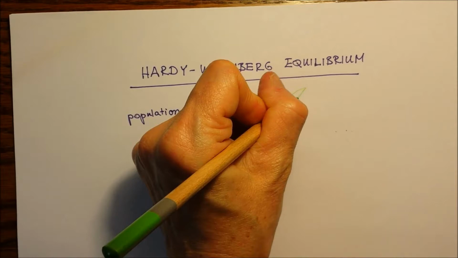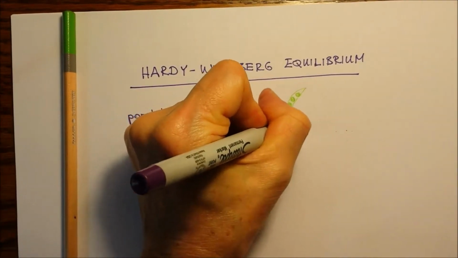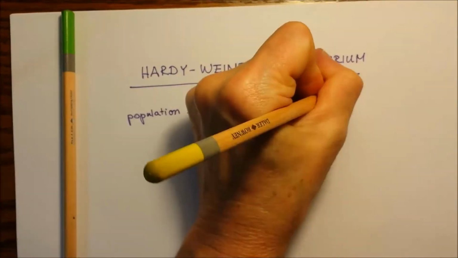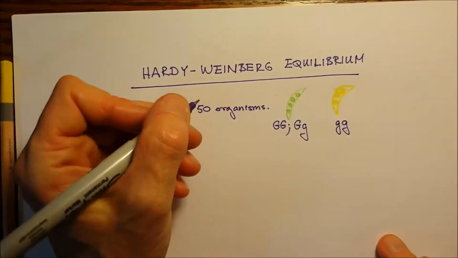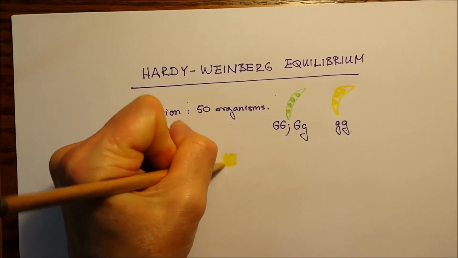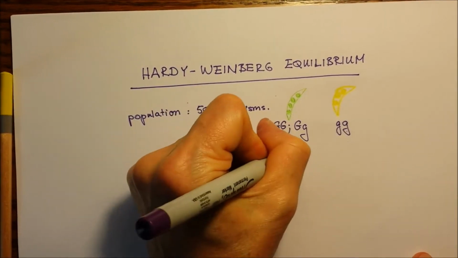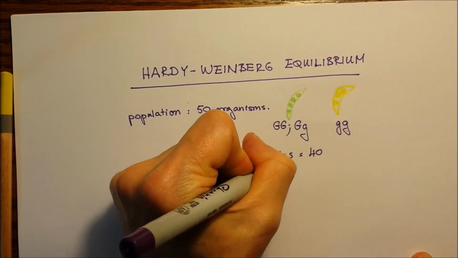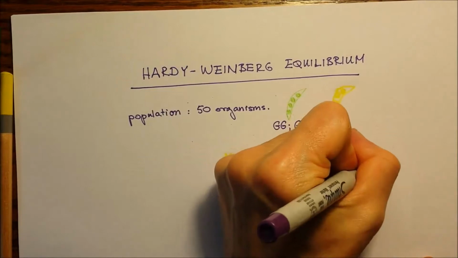We will use the Mendelian peas. The green peas can come from homozygous dominant and heterozygous, as well as the yellow peas that are homozygous recessive. The recessive alleles are the yellow alleles, and let's assume that we will have 40 alleles in the gene pool.